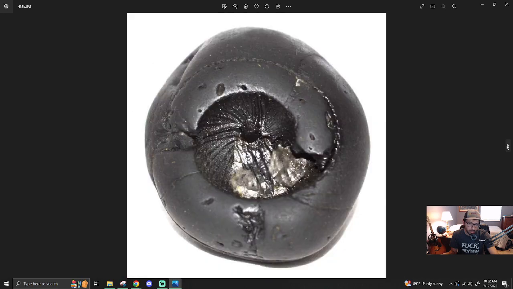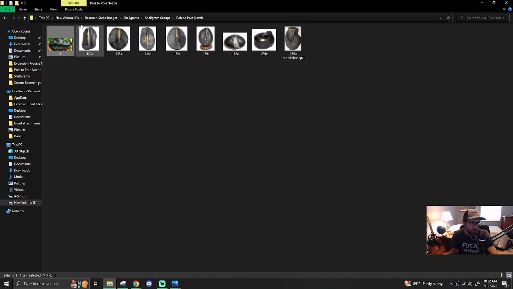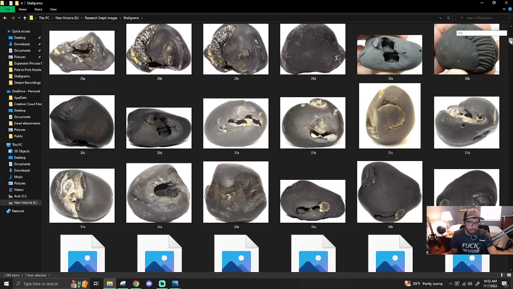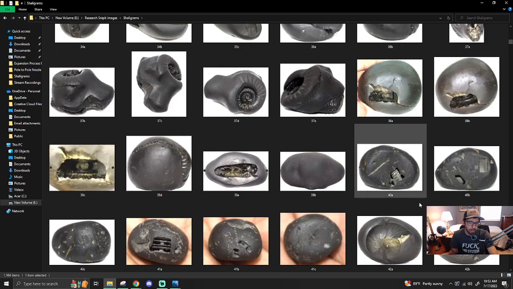This one has the butter knife slicing underneath, like stripping the next layers. I might have talked about this one already too. Very much like this one.